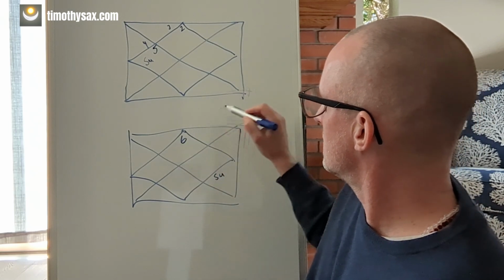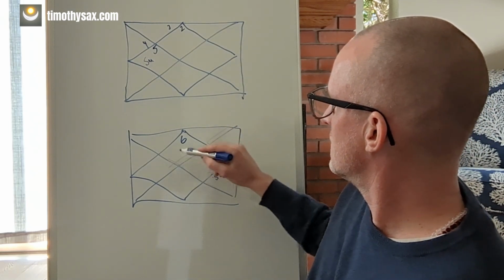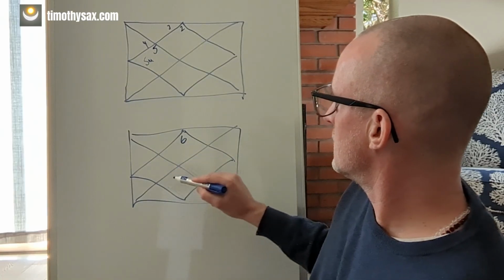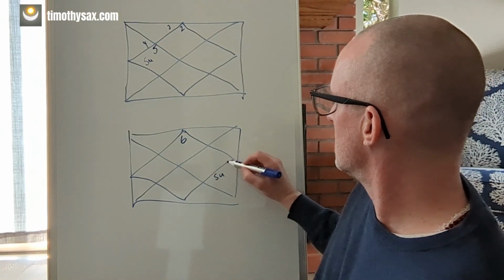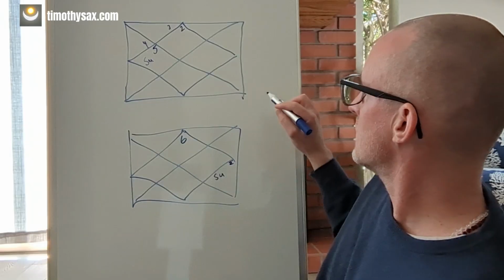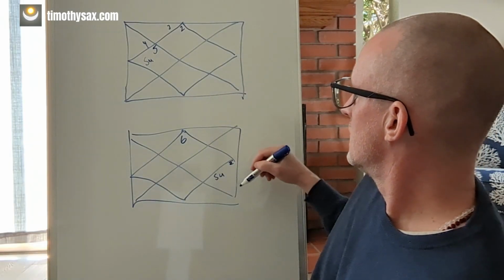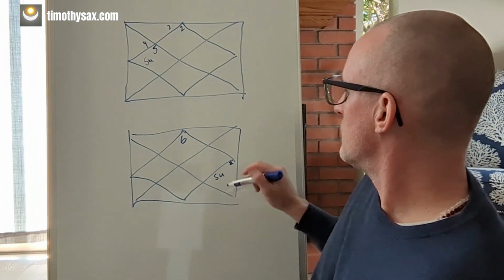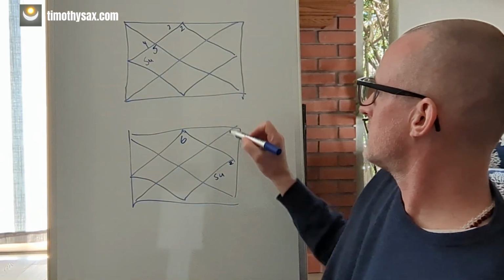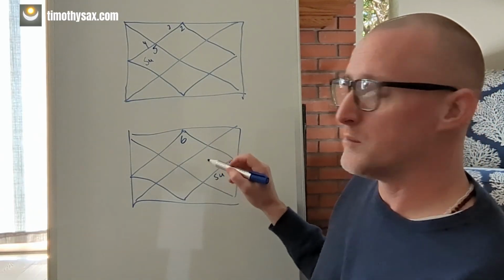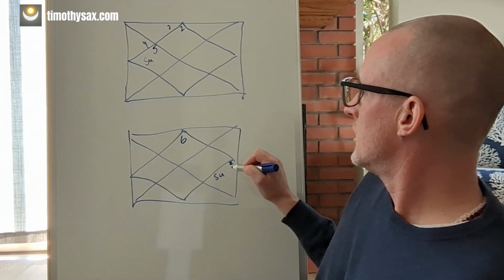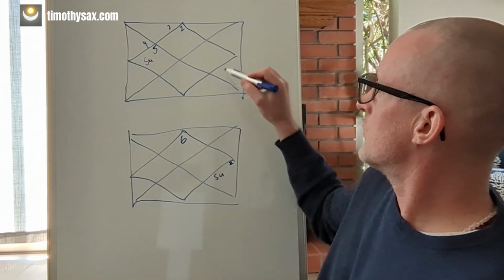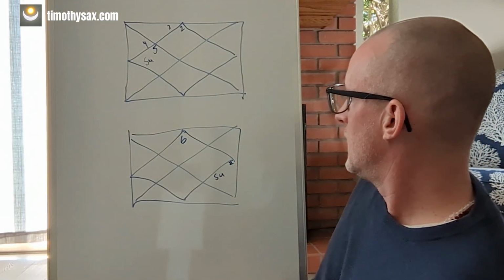Maybe it's Virgo, which would mean 7, 8, 9, 10, 11, 12, 1, 2 means this is Taurus. So a transit is the relation of the planet as it moves relative to your natal chart.